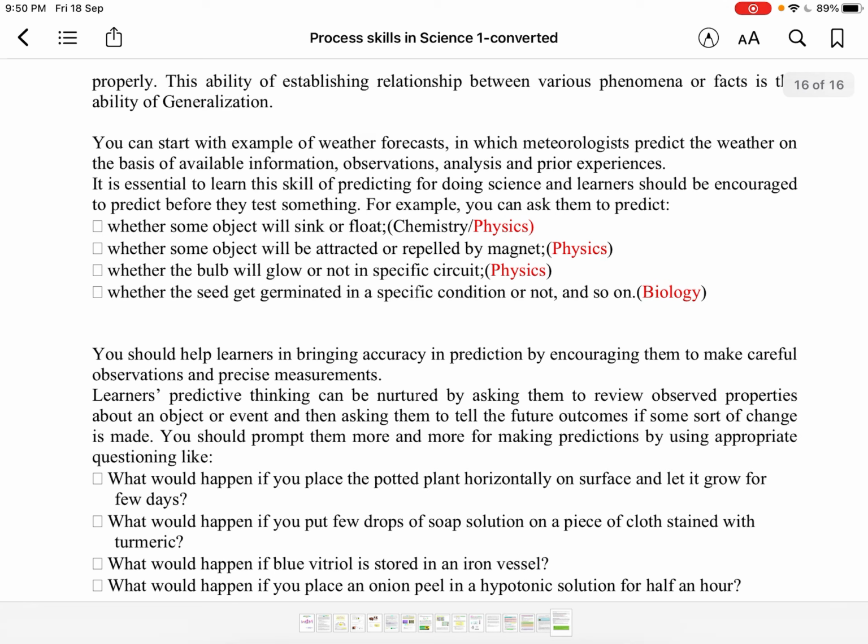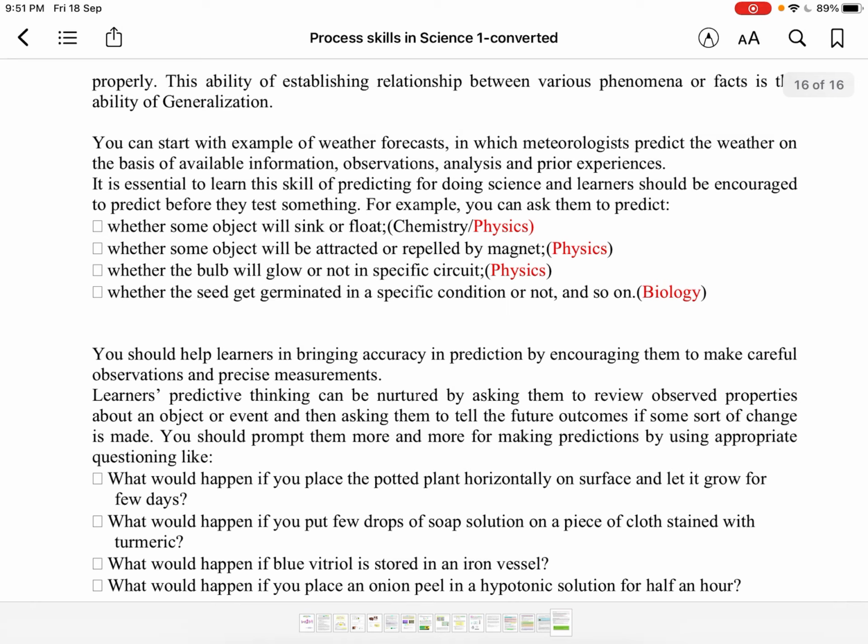For example, you can ask your students to predict whether some object will sink or float, like a piece of iron or a nail, and whether some object will be attracted or repelled by a magnet, like a piece of stone.